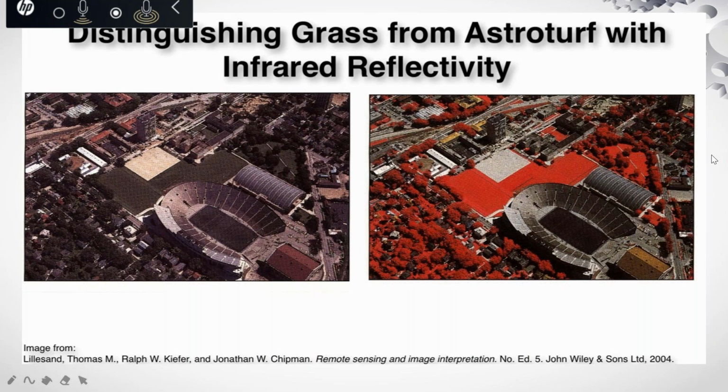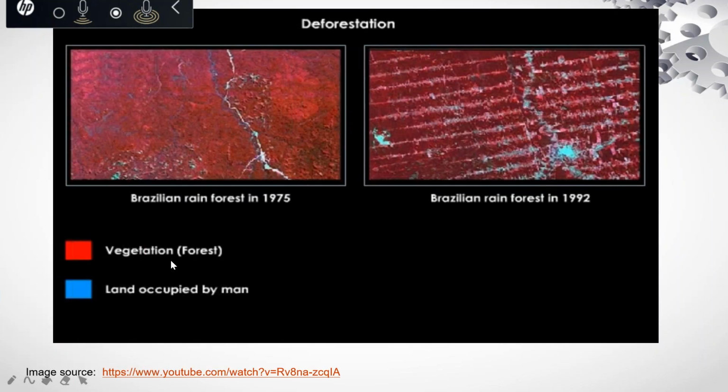Next is deforestation. As I have mentioned earlier also, here we can see that this is the vegetation area of the Brazilian rainforest in 1975. So as the green color absorbs the infrared region more, we can see that there is more forest greenery in this map, and the blue color is the land occupied by the humans.